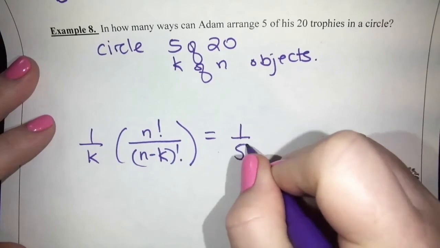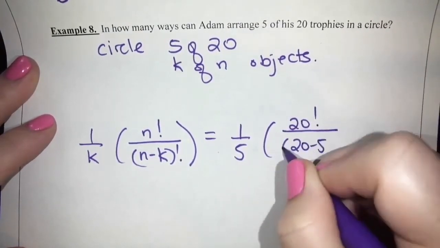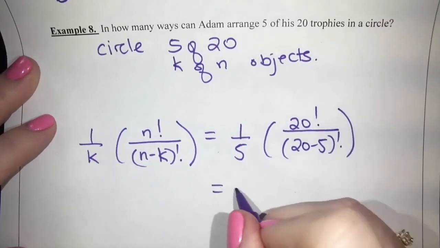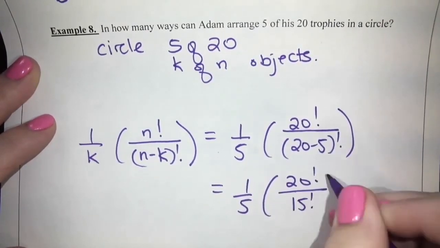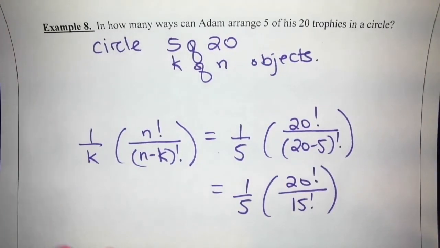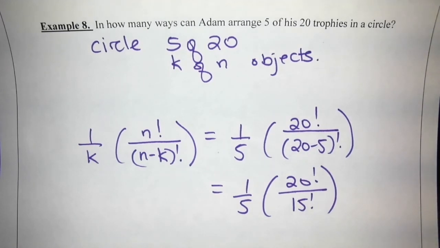So we'd have 1 over 5, 20 factorial over 20 minus 5 factorial. So 20 factorial over 15 factorial with 1 over 5 out in front. So we'll be doing lots of examples at prep with people together, people apart, people alternating, all different scenarios where we'll talk about arrangements and permutations.